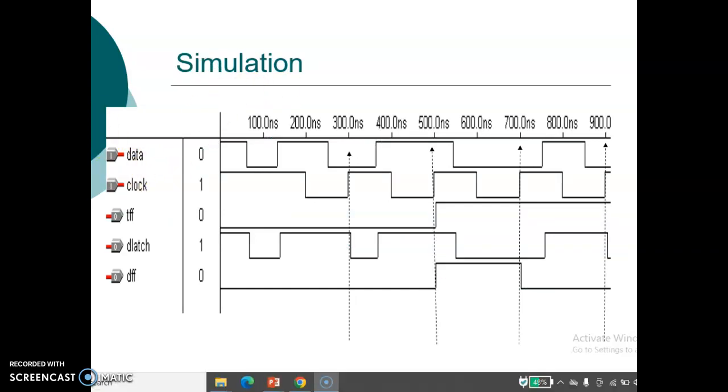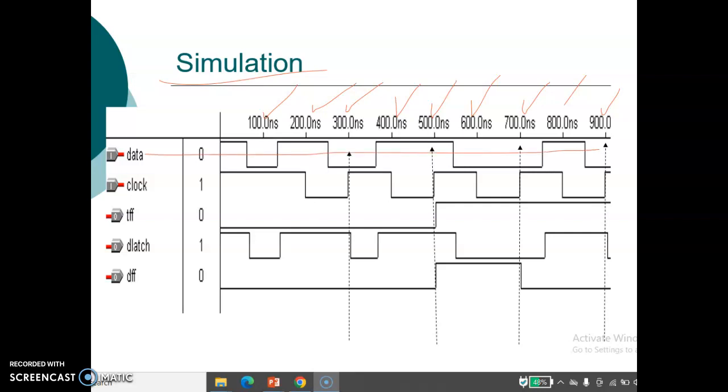Simulation. Simulation 100 nanoseconds, 200, 300, 400, 500, 600, 700, 800, 900 nanoseconds. Data.